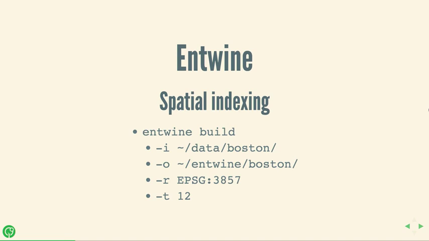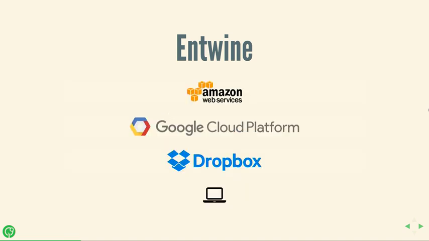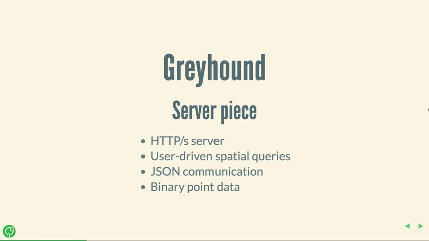It has a pretty simple API, and it's also cloud aware, so you can use S3 or Google Cloud Storage, stuff like that, or just your own computer. But most of what I'm going to talk about today is Greyhound, which is a server piece that sits on top of these Entwine-built spatial indexes, and it is an HTTP server that allows you to drive spatial queries.